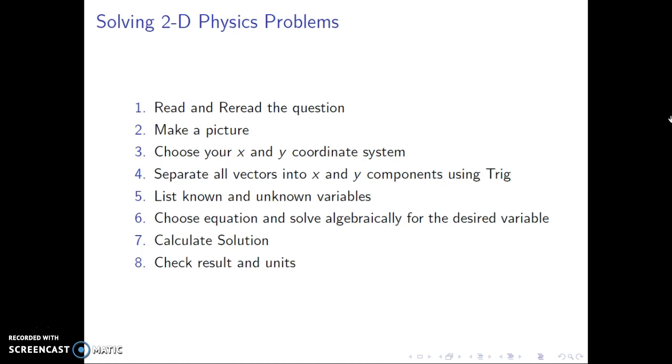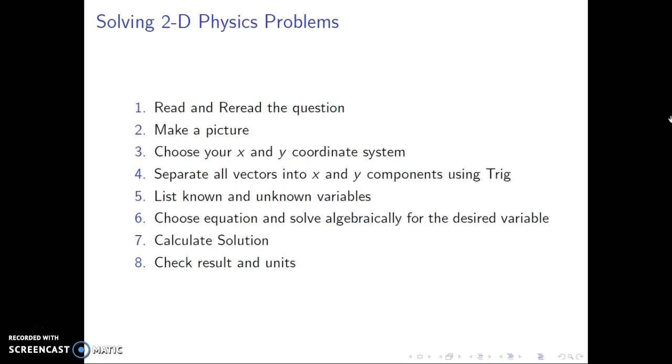First of all, we're going to read and reread the question, make sure we understand what is being asked. Second, we're going to make a picture to show and illustrate exactly what's happening. Third, we're going to make x and y coordinate systems. And then fourth, we'll separate all the x and y components using trigonometry.